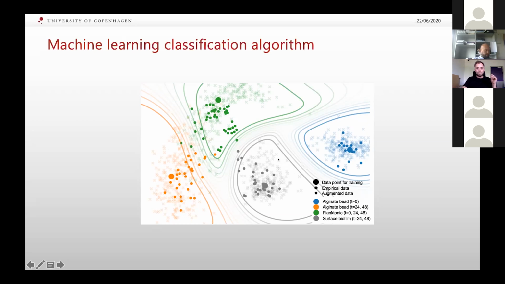And we see from this that we could get more than 90% classification accuracy using only one data point. So it seems that we can separate the growth form of planktonic and surface biofilms by using this new tool for looking at metabolism, and also using our new analysis approach.